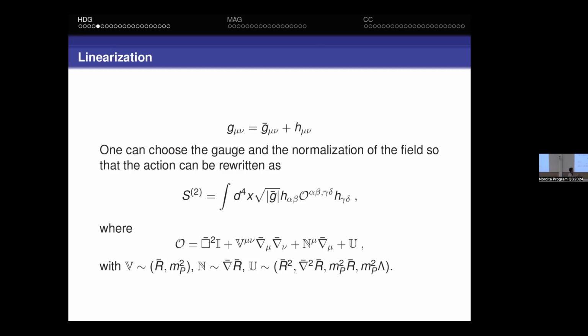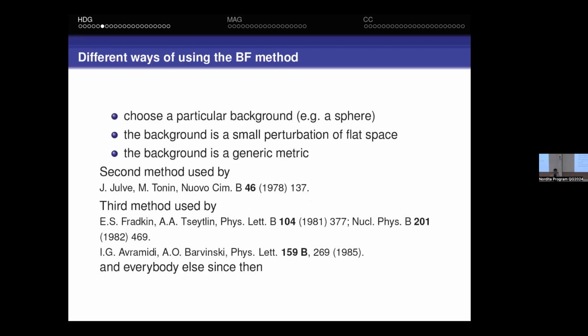And then you will find that this V part contains the background curvature, and N contains the covariant derivatives of the background curvature, and U contains either the Laplacian of the background curvature or background curvature squared. In normal two-derivative theories, the operator has dimension 2, and then the field U is linear in R, but here it is quadratic in R. This plays some role in our discussion.